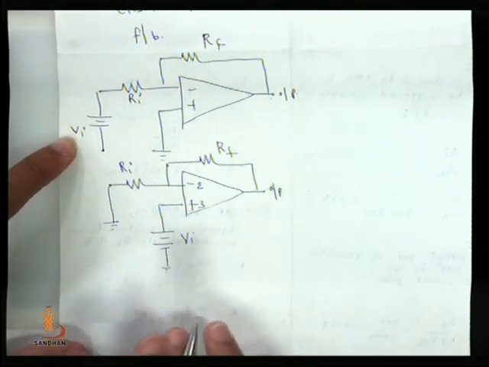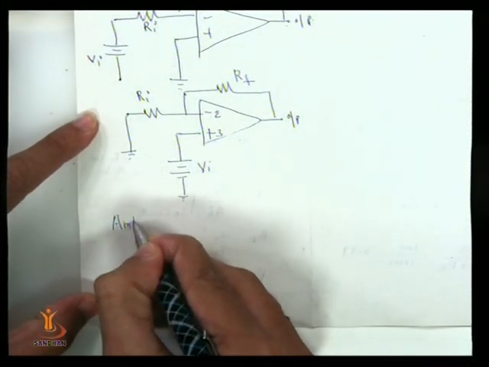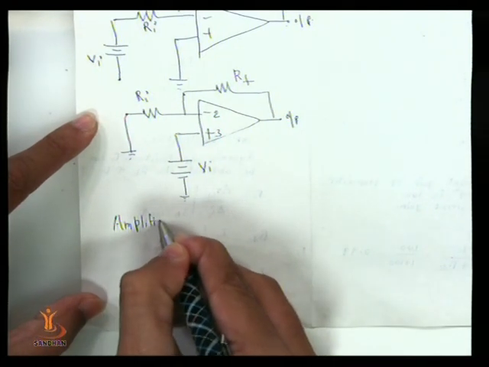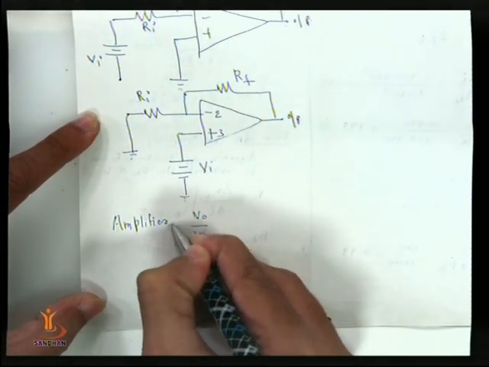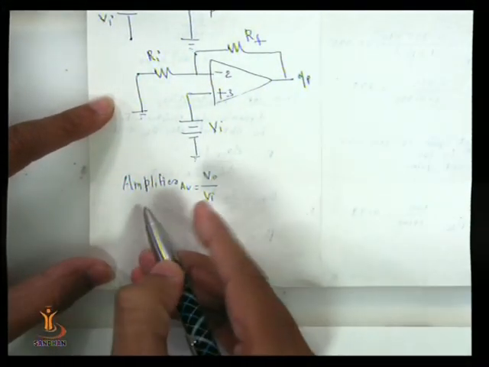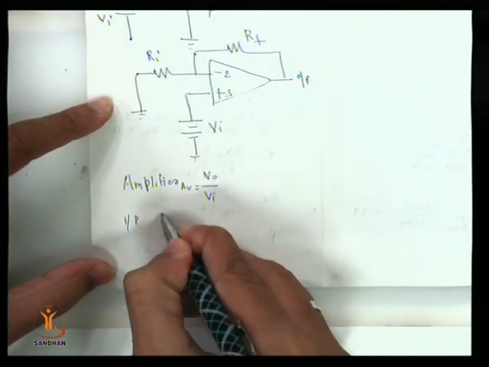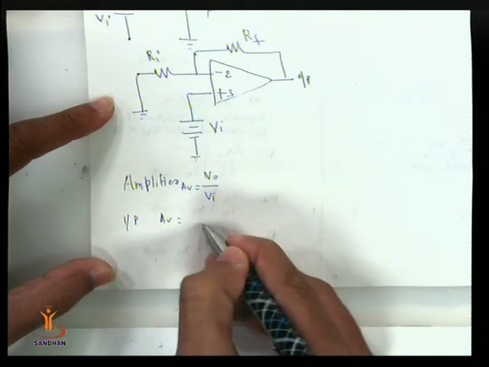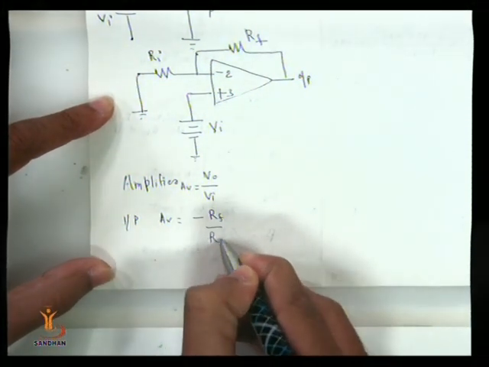As we know, in an amplifier the gain is a very important term. Gain is nothing but the output upon the input. The gain in inverting mode is decided by AV equal to minus RF upon Ri.